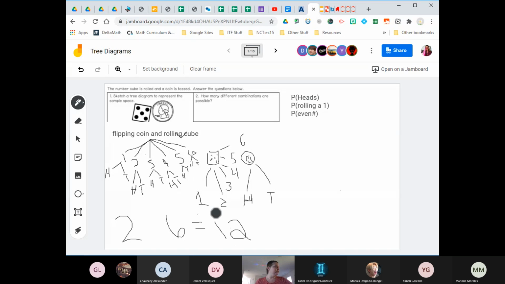What operation do I do with 2 and 6 to get 12? So we're going to talk more about this tomorrow, but this word and is important, okay? So we'll talk about how we did that tomorrow, or how I did that. So we have 12 different outcomes.